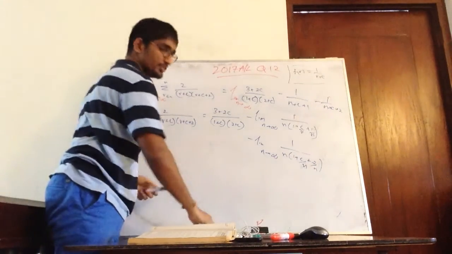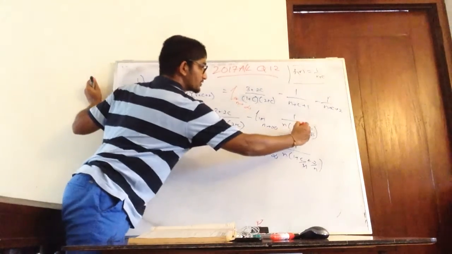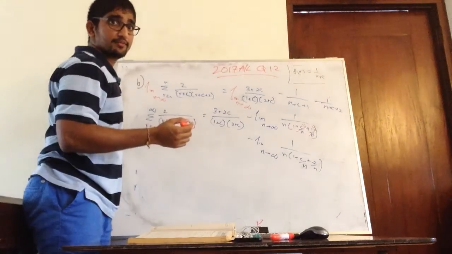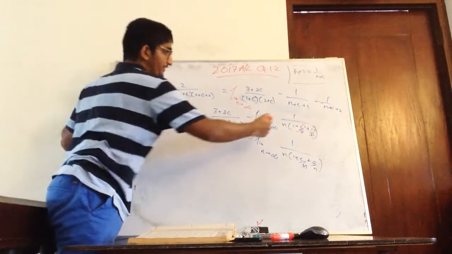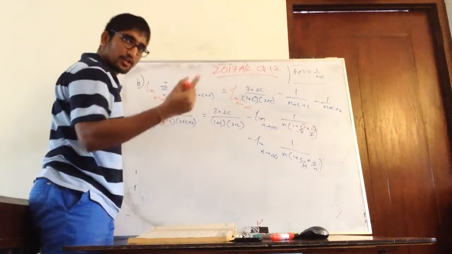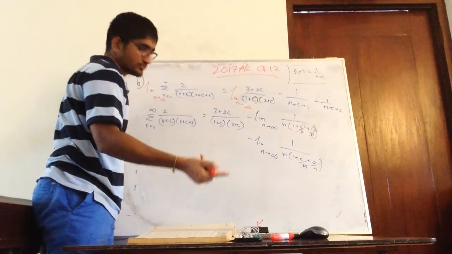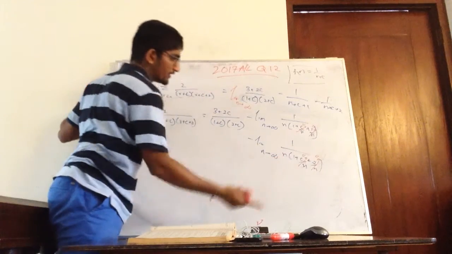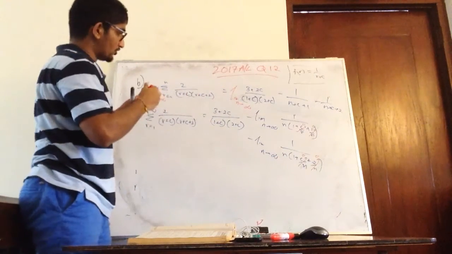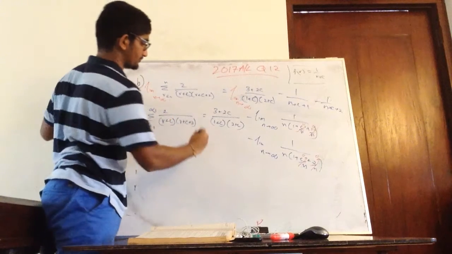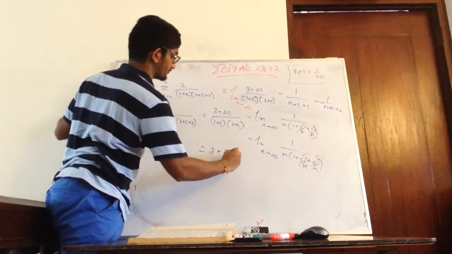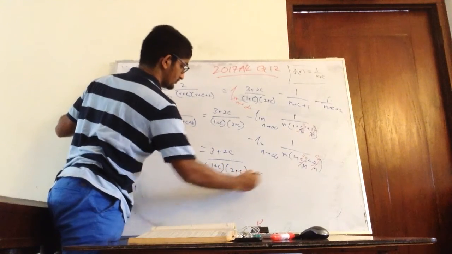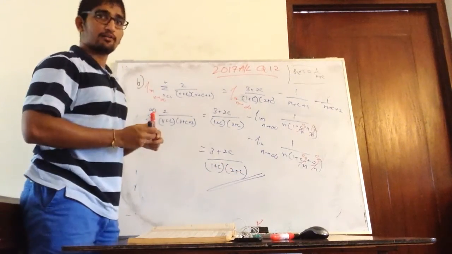Right, so we know that this goes to 0, this goes to 0, right? And then we get 1 over n, that also goes to 0. Same thing here, 0, 0, then we get 1 over n, so 1 over n also goes to 0. So you will get the answer as this, no? Right?